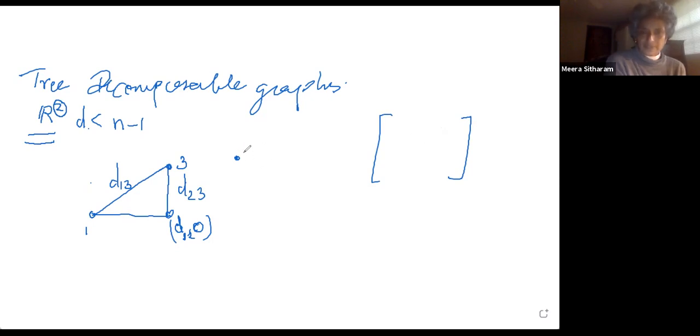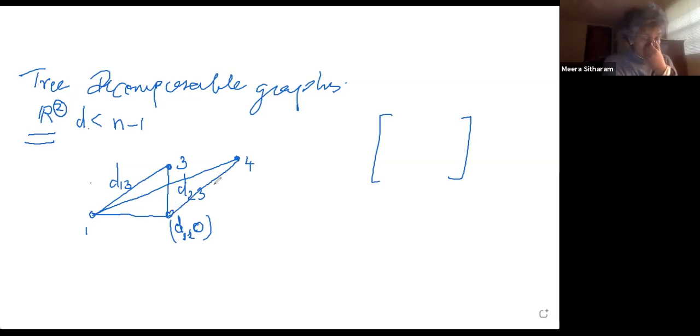So for the 4th point, we can place it using any pair of other distances. You can choose whichever pair you want. Potentially you could have chosen this pair, or that pair. Essentially you place that point by finding these 2 distances.